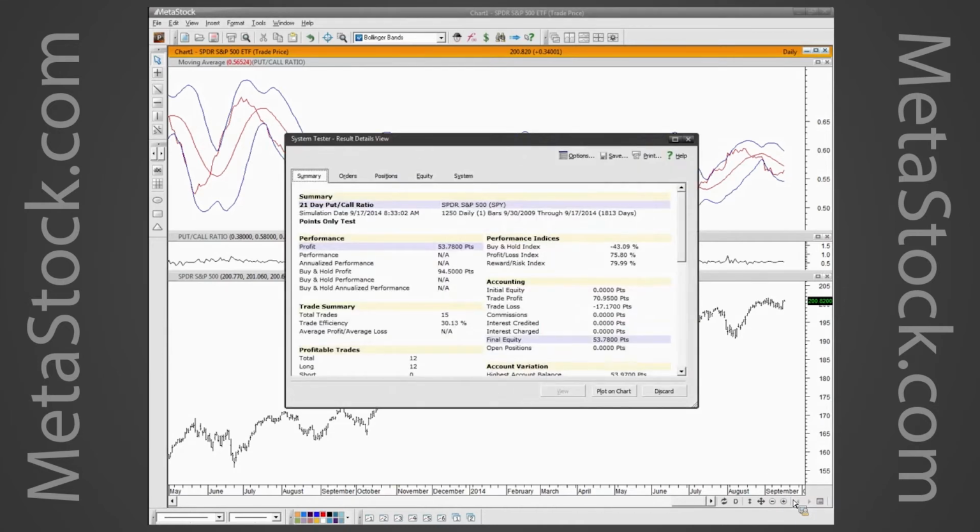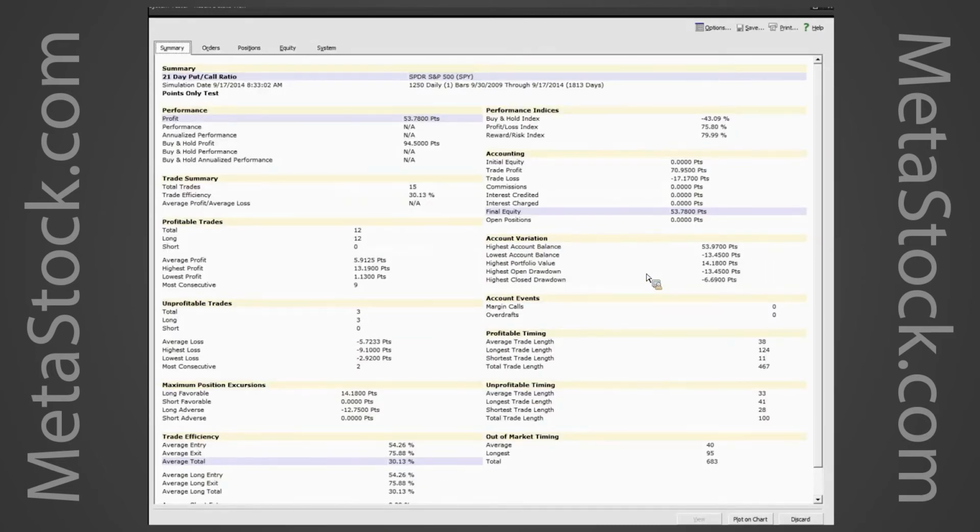And now we have our results. Okay, the system, let me just maximize that so we can see it a little bit better. The system tested daily data back to September 30th of 2009, so roughly about 5 years.